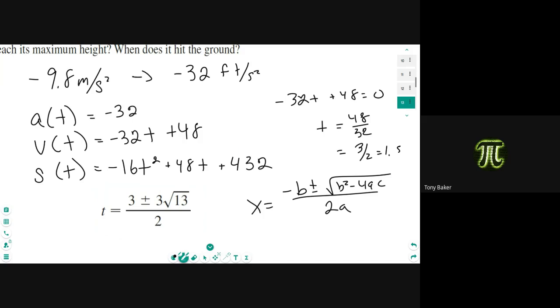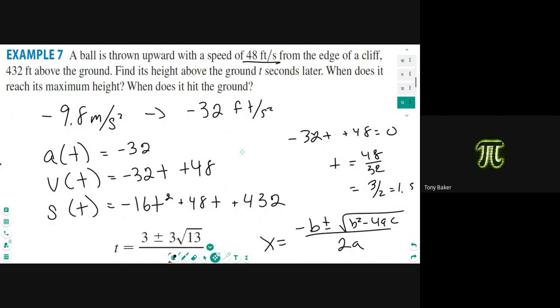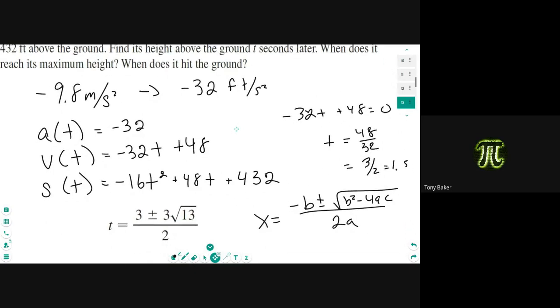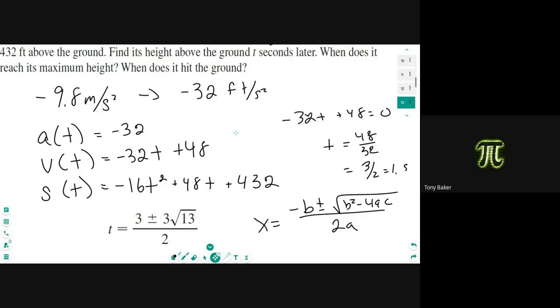I could have done this problem where I'm literally throwing it from the bottom of a pool, and the ground is actually the surface of the pool. Where is it going to hit? So there are other situations where both of them would possibly work. But yes, in most situations, it's the plus one. That's the one that works. So it just depends on the problem. It's one of those things like, yes, but. But that's how you would do it. And that's why it was always negative 16.